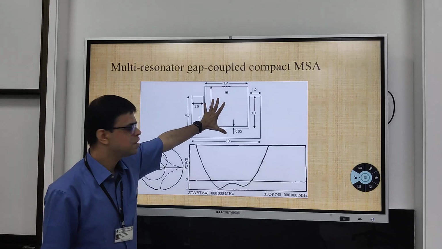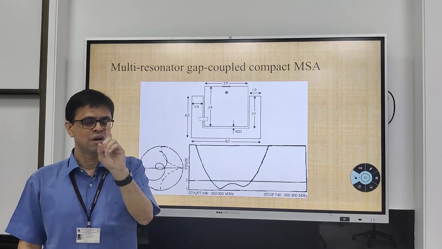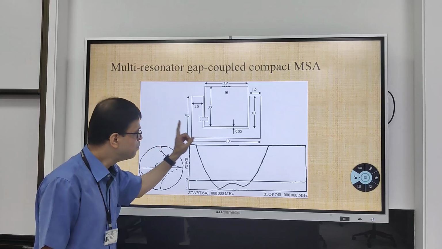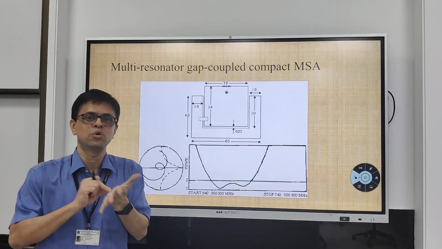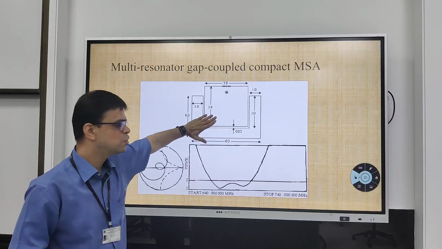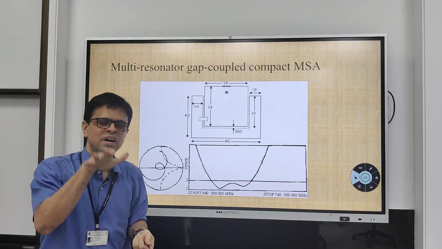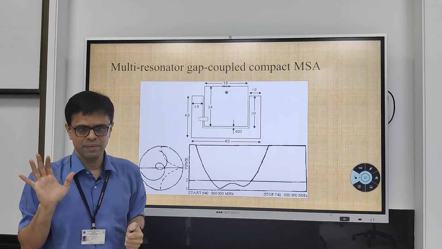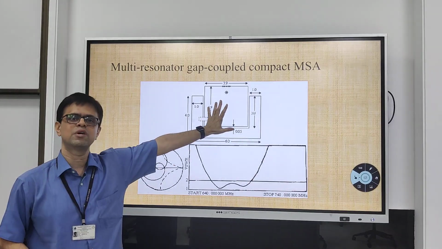This mode remains the same, but the fundamental mode of the patch changes. And while putting a shorting post, one has to be very careful that the modes of the patch are not getting disturbed when you are actually soldering it. This is not actual soldering. Here you are just putting an additional strip which is enhancing the electromagnetic coupling. So this is called the hybrid mode of coupling, and this is one of such super compact configurations.